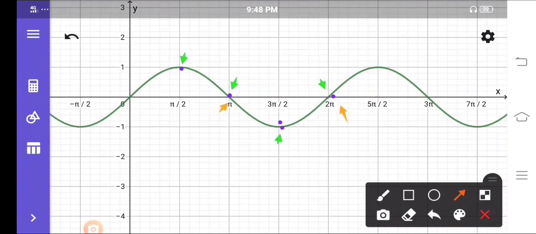So n refers to the whole numbers. So we can have 1 pi, 2 pi, 3 pi, and so on, substituting any whole number for n.